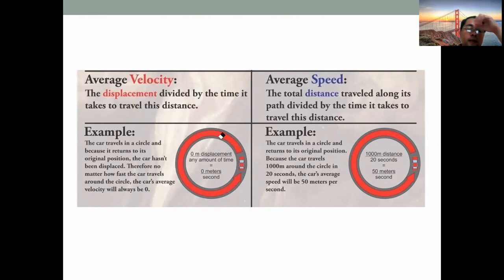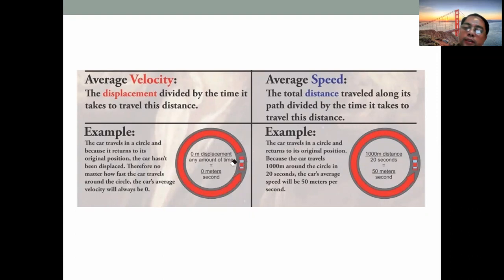Because it returns to its original position, the car starts from the right side of the circle, makes a turn and ends up again at the same location, so the displacement of this car will become zero, because it always goes back to where it started.